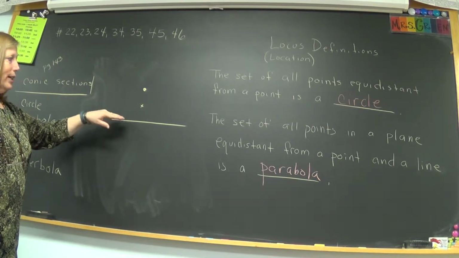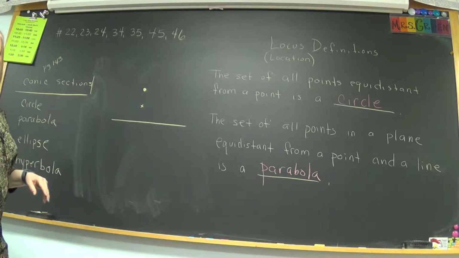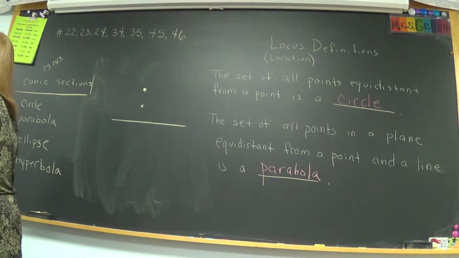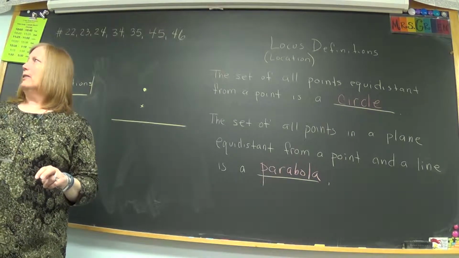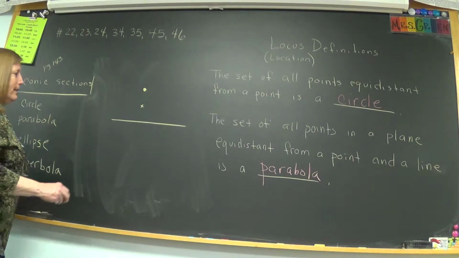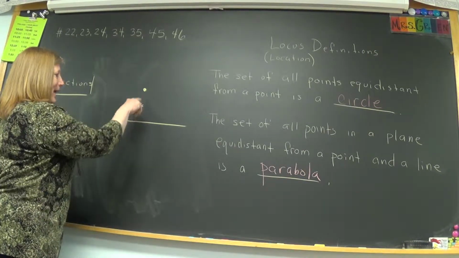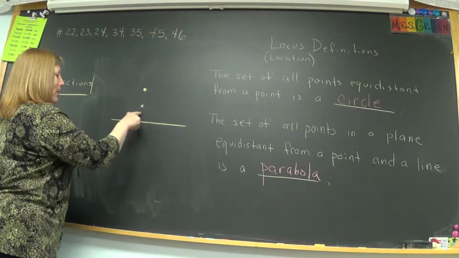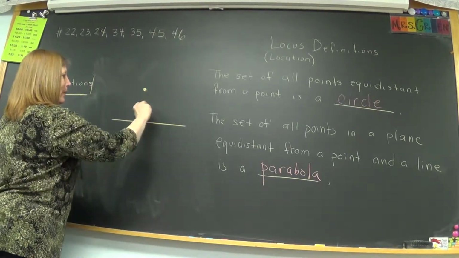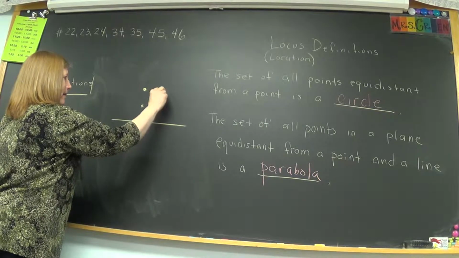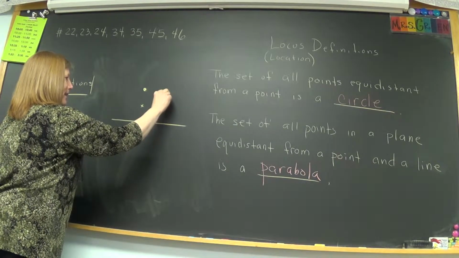It gets a little trickier. Here we have the distance between a point and a line equal right here in the middle. Well, what if I go out to the side? Say I pick a point right there.